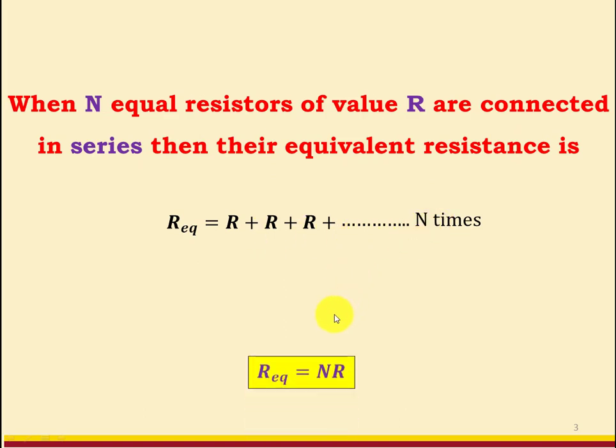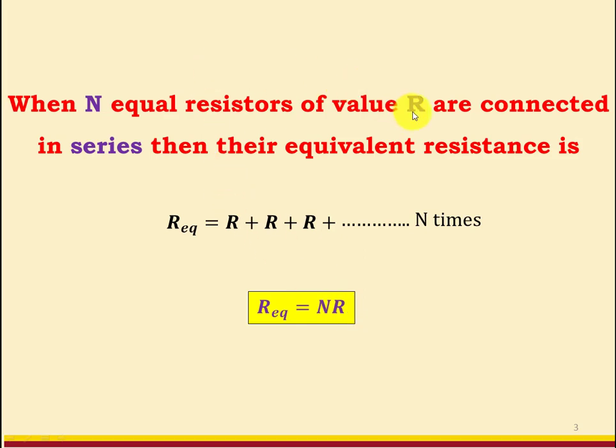So R equivalent will be n into R, where n is the number of resistors and R is the value of the resistor. For example, if there are three resistors, each of value 2 ohm, then what will be the equivalent resistance? 2 plus 2 plus 2, that is 6. So that 6 we can write as 3 into 2. Okay, so this is a very important thing for equal resistors when they are connected in series.